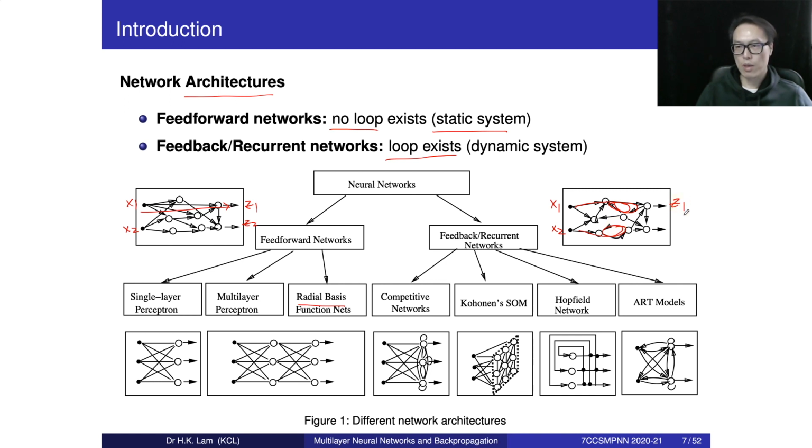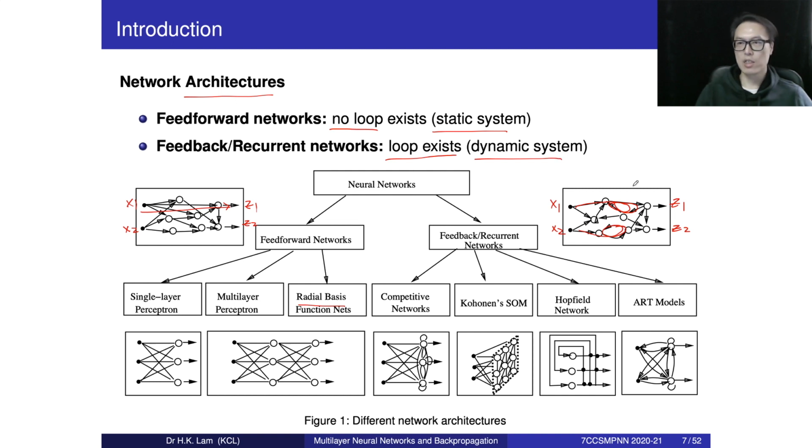So Z1 and Z2, the output of this neural network depends on the data you entered previously, because the previous data will have a loop right here, so this network we call a dynamic system. The dynamic system has one issue: the network may not be stable.